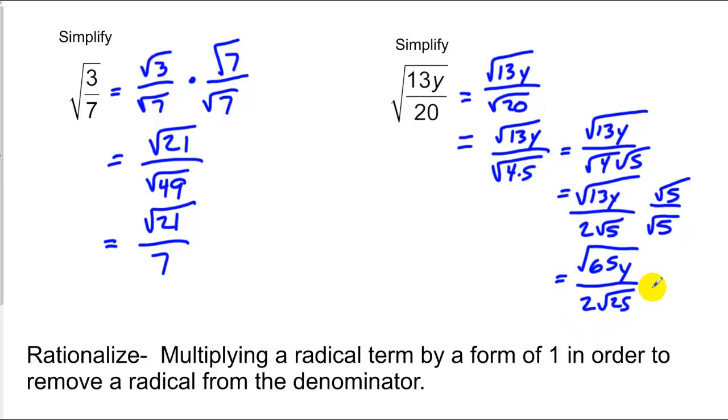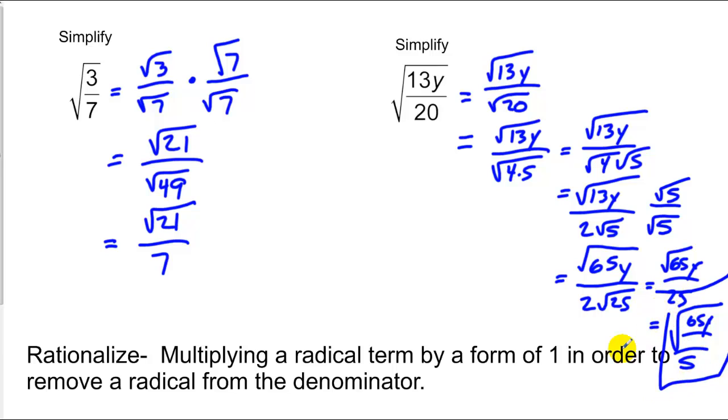And it just so happens that I have root 65y over 2 times 5, or root 65y over 5. And that satisfies the simplification process.